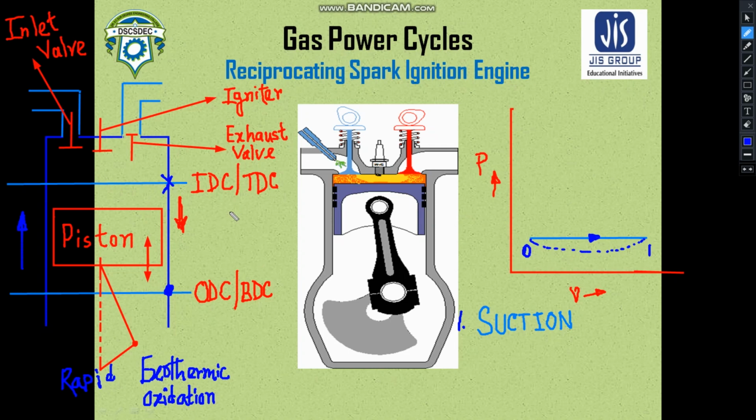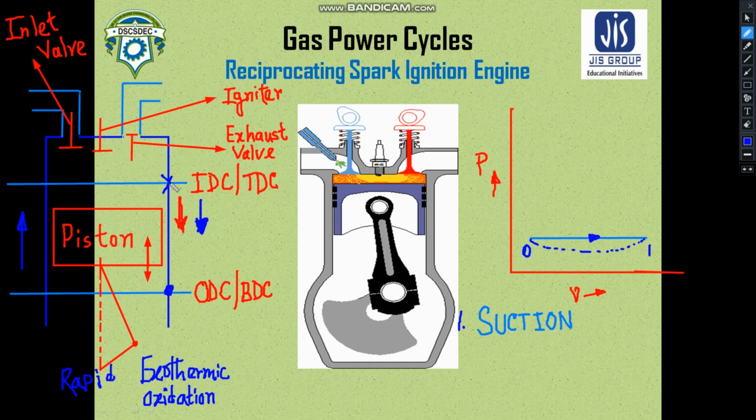This process is considered to be very fast, very rapid, or instantaneous. So this fuel burning process and the generation of high thermal energy is considered a very rapid and instantaneous process. When the piston is at TDC, this rapid exothermic reaction takes place, and we can generate mechanical power by virtue of this exothermic reaction, and then the piston again starts to move in the downward direction.